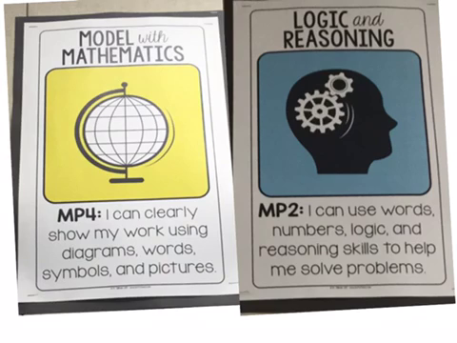And for logic and reasoning, it says I can use words, numbers, logic, and reasoning skills to help me solve problems. That really does apply for every problem, because if I didn't use reasoning and the problem was 0 minus 1, you couldn't put 2, because that's not how it works. It would be 1. That's why you need logic in math, because if you don't have logic in math, then you're most likely going to fail and not be very successful in life, and no one wants that.